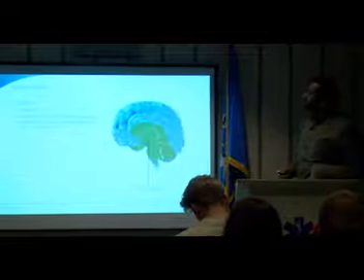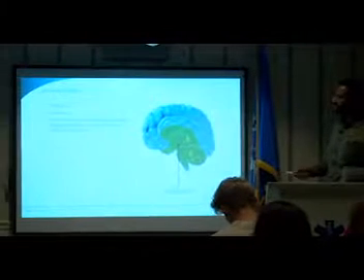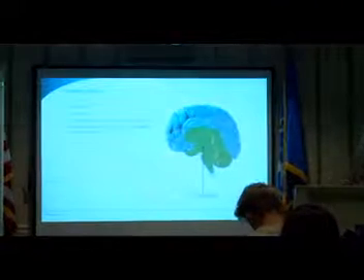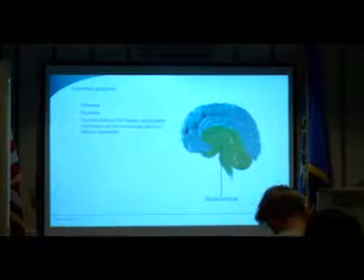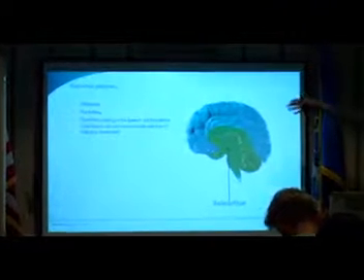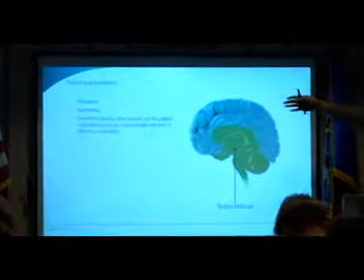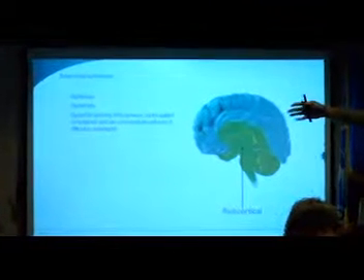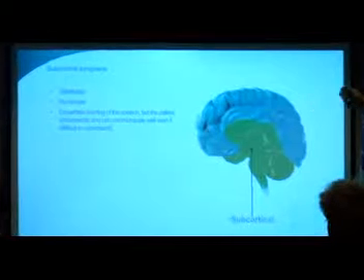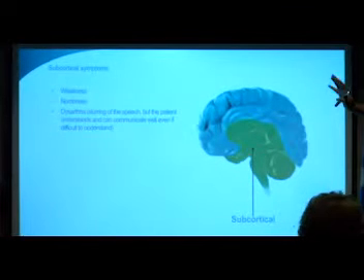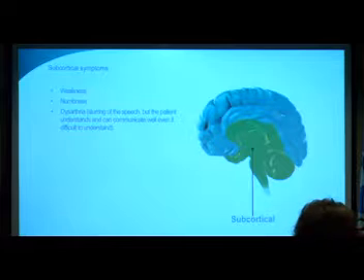Subcortical symptoms could be weakness, sometimes not completely localized, numbness, dysarthria. So these are some of the symptoms that we see. Again, this is probably the majority of your patients that come in, where they're saying, hey doc, mild dysarthria, I was slurring my speech, lasted 30 seconds.